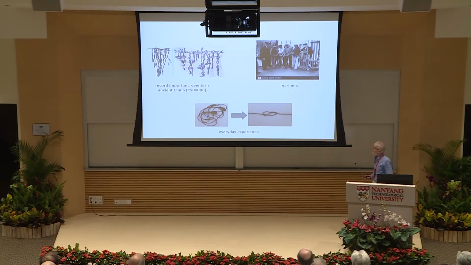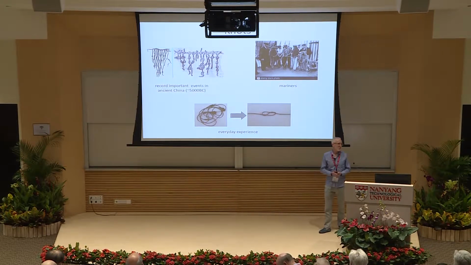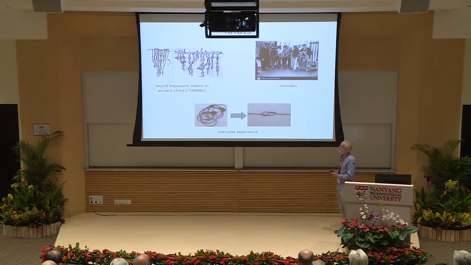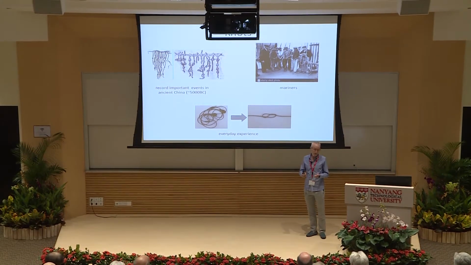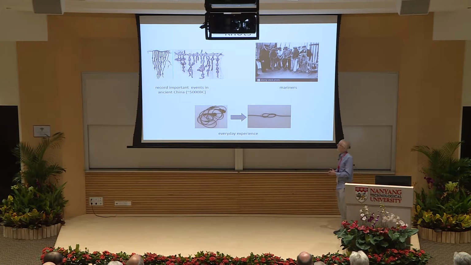All right, so to set the scale a little bit, knots are very old constructs. You can find them in ancient Chinese scribes, for recording events. Historians believe they predate fire, as the first instruments used by mankind.